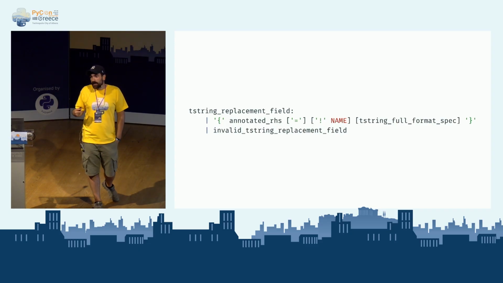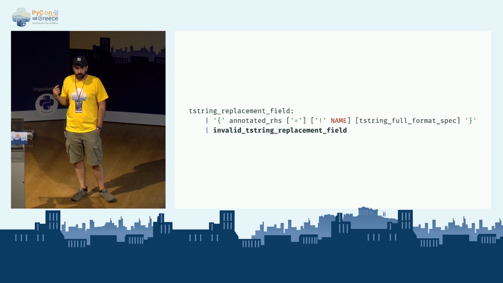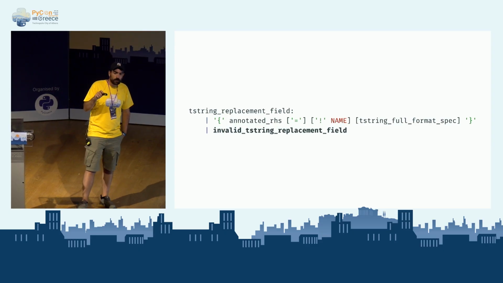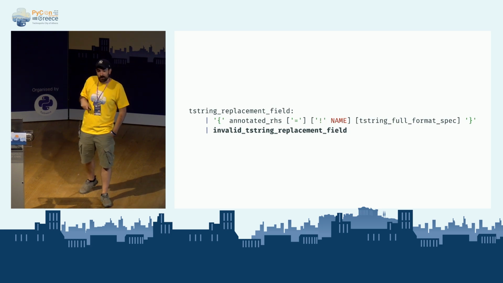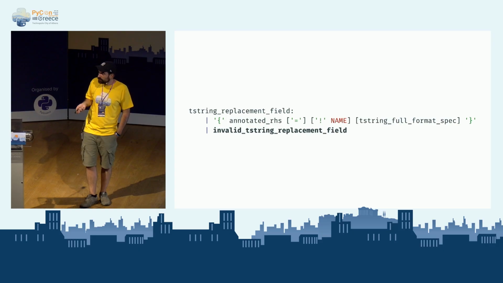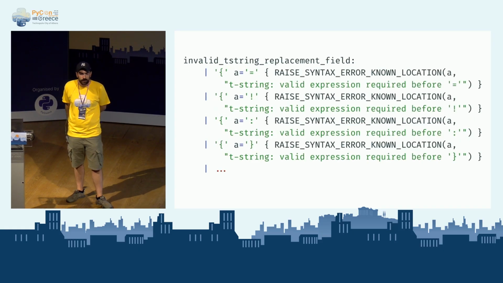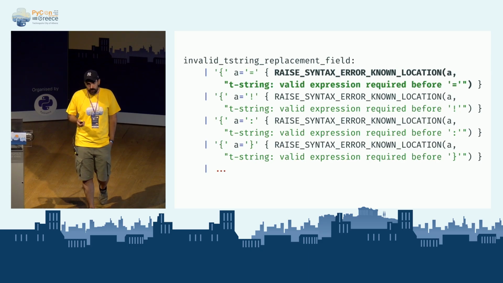Another thing that you might have seen and be wondering about before is, what are those invalid rules? Apart from the rules that will match correct syntax, we also have rules that will match invalid syntax, and we use those to do a smart thing, and that smart thing is raise syntax errors that have helpful messages.